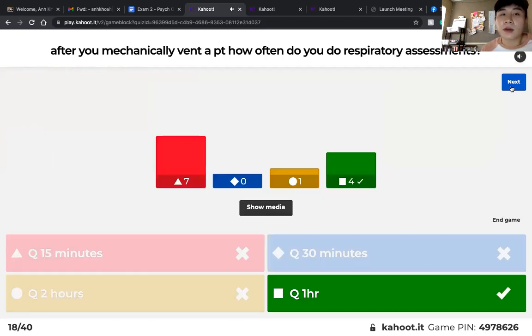All right. So after the patient is mechanically ventilated, we assess the respiratory every 1 hour. So it's just good to remember these.